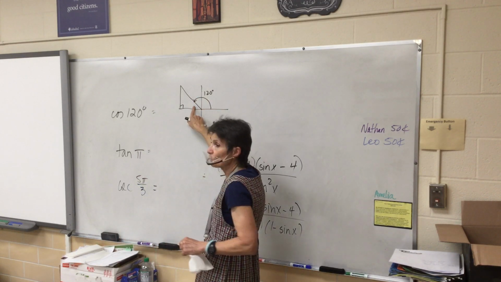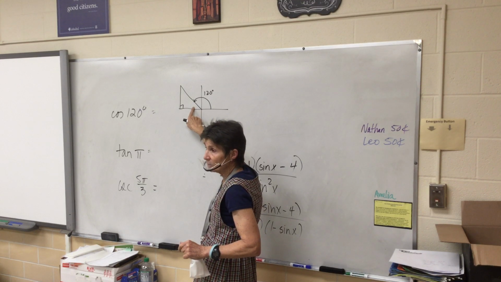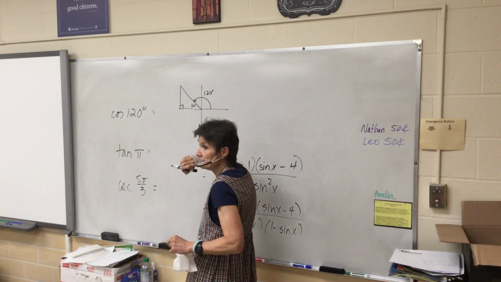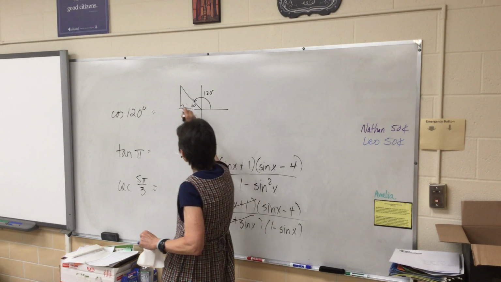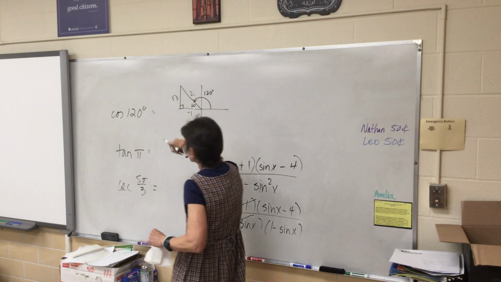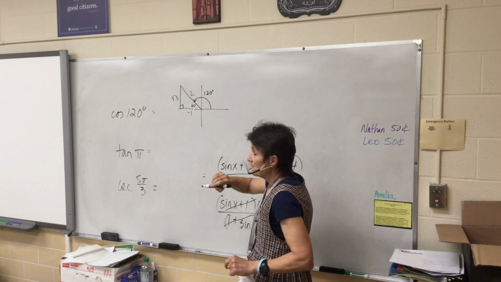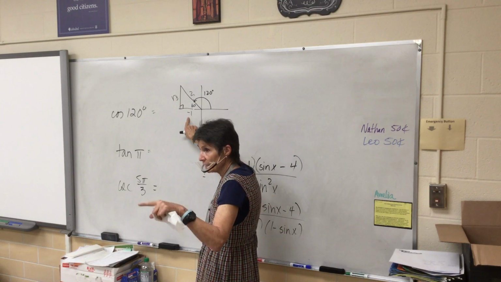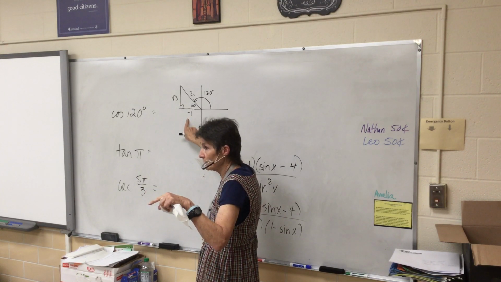That makes the reference angle 60, right? And across from the 60 is root 3. And what I always caution you about, don't forget your negatives if you're not in quadrant 1.